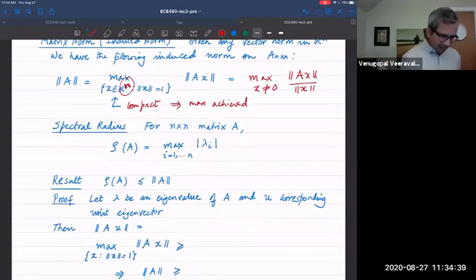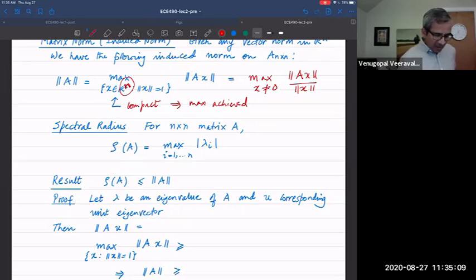Very good. All right. So now we'll define another quantity related to a matrix A: the spectral radius of a matrix. By the way, even though I may not specifically mention it, we are only dealing with symmetric matrices in this course, so make that assumption throughout.